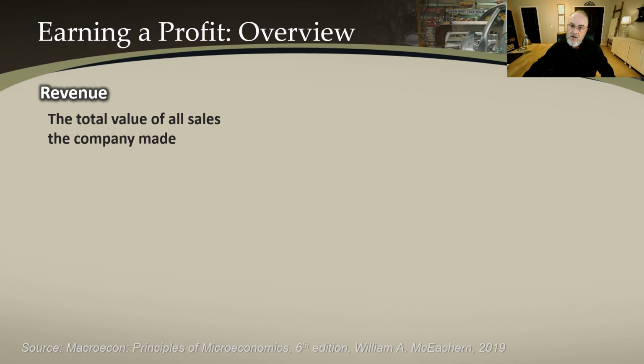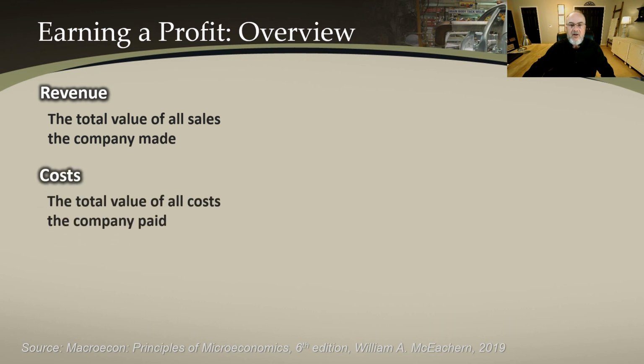But that is not my profit, because I have to take out the second term, my costs, in order to determine what that profit is. So the costs are the total value of all the costs that I paid to execute that revenue. All the workers that I paid, the equipment, the rent, the insurance, all that stuff, those are my costs.